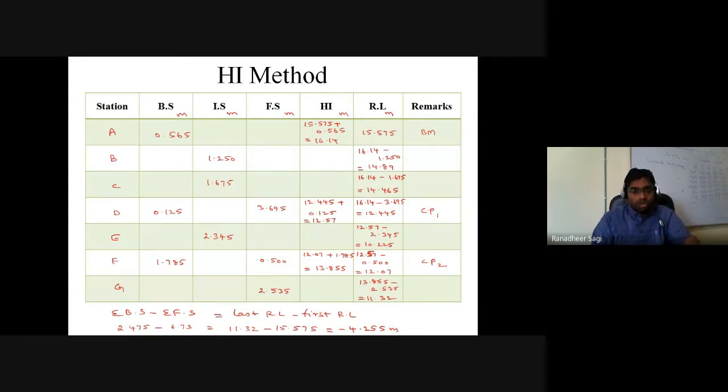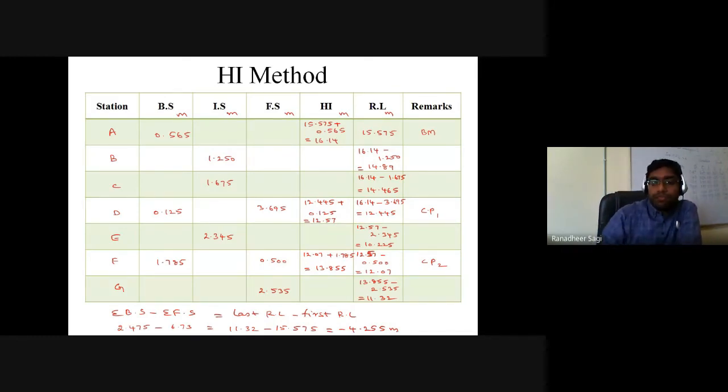That's how I can check my values by applying the arithmetic check. 2.475 minus 6.73 is minus 4.255, and 11.32 minus 15.575 is also minus 4.255. It means my calculated values are correct.